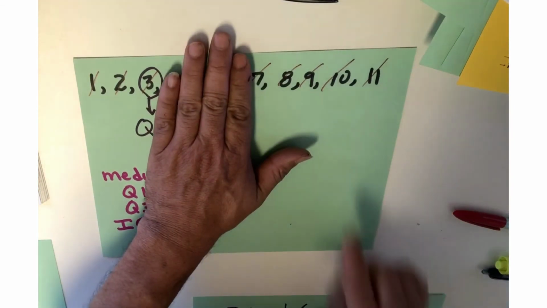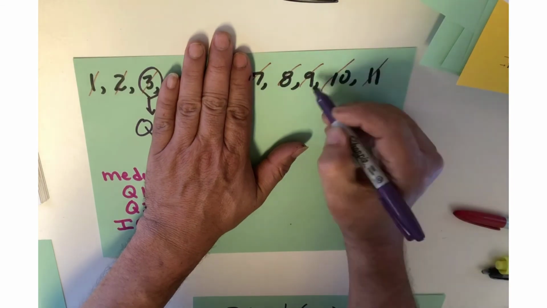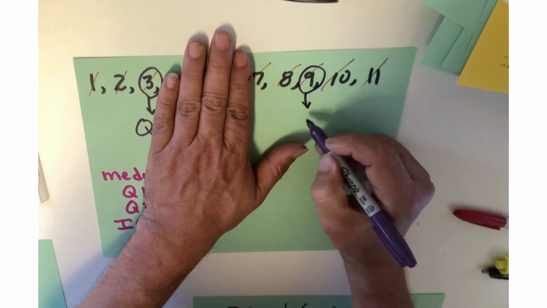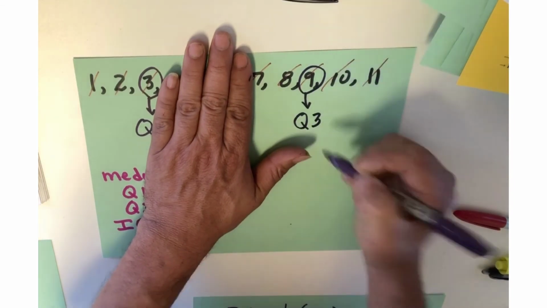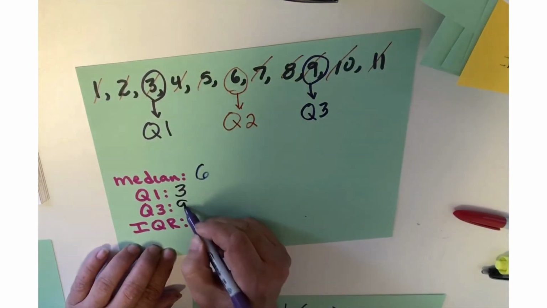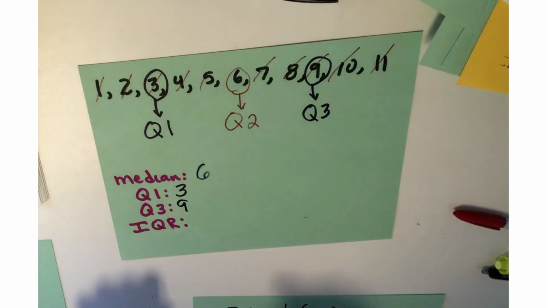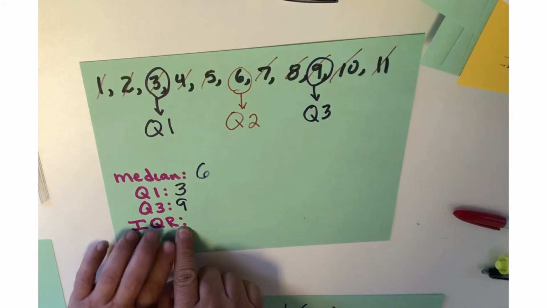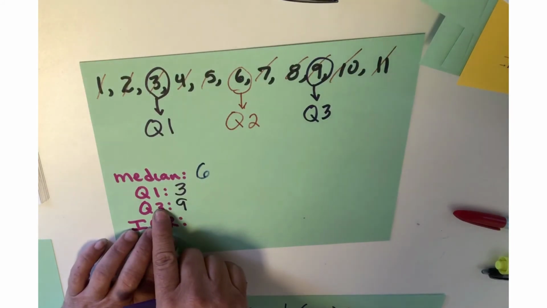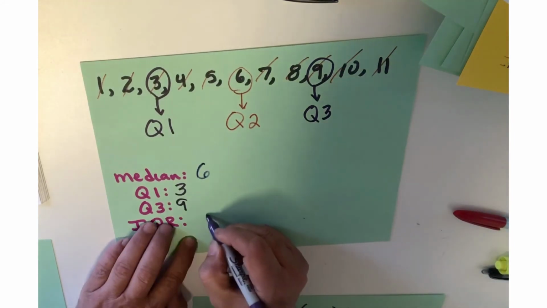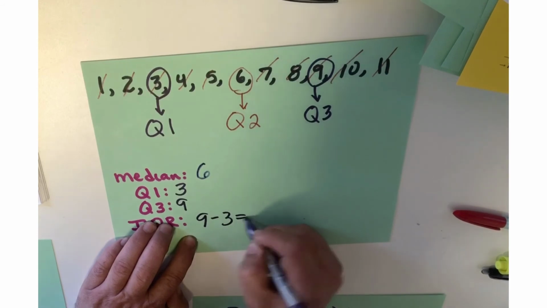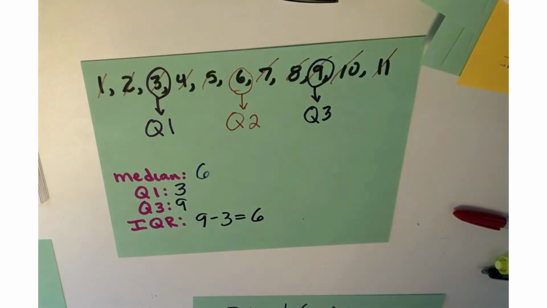If you find the median of the upper half of the data, you will see that it is 9. This is known as Q3, 9. And to find the interquartile range, all you do is subtract the first quartile from the third quartile, which is 9 minus 3, and you will end up with 6.